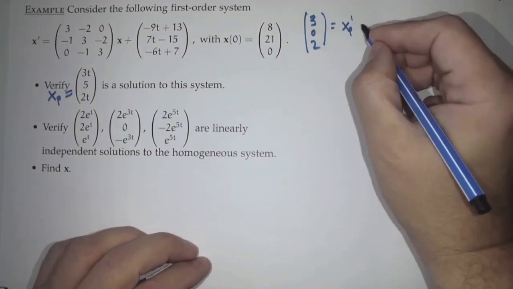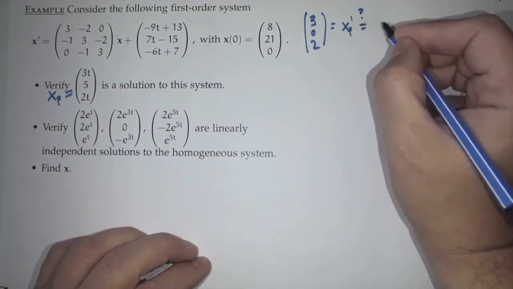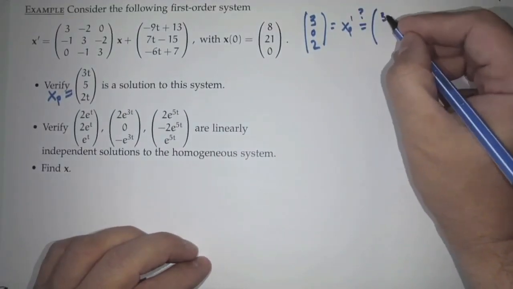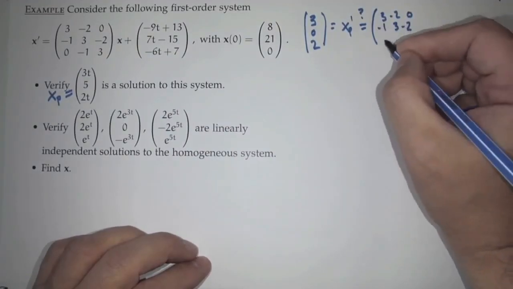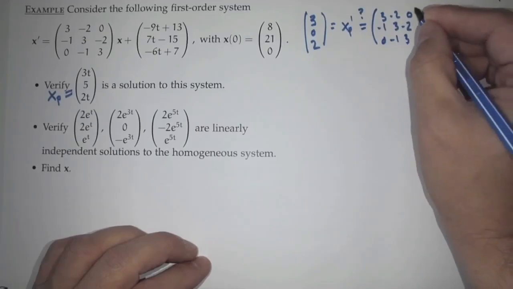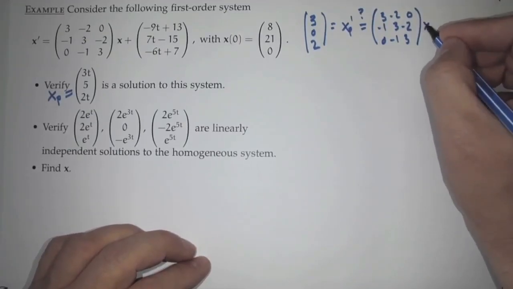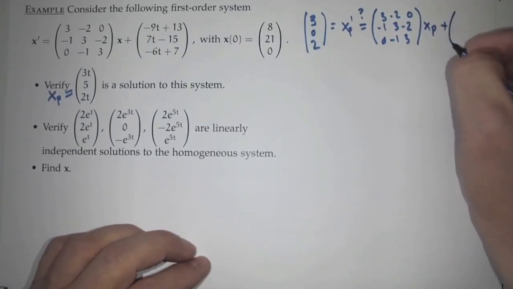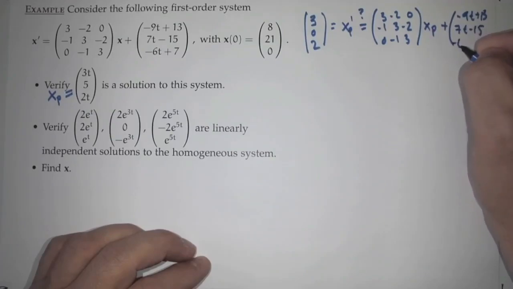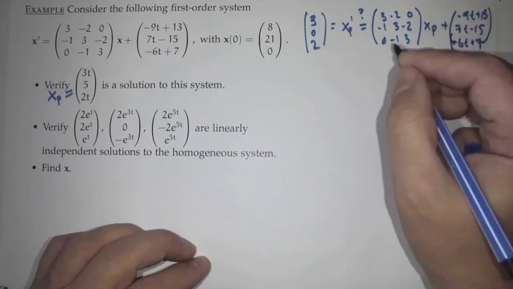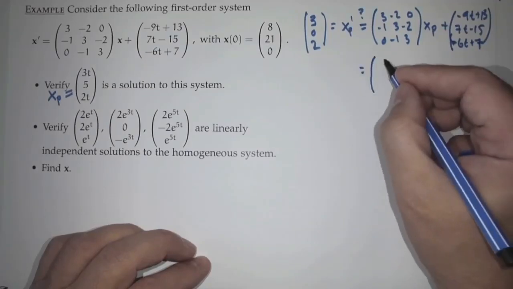Now the question becomes, is this equal to the matrix (3, -2, 0; -1, 3, -2; 0, -1, 3) times our vector xp plus this other stuff on the end? Okay, we're going to go through and check.